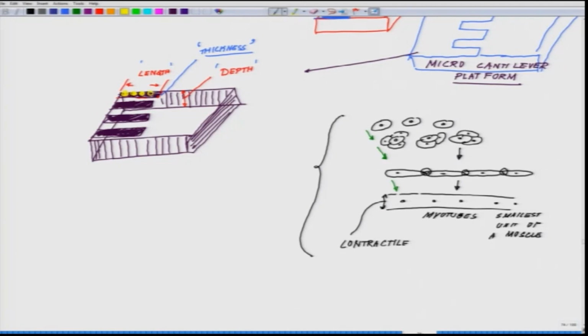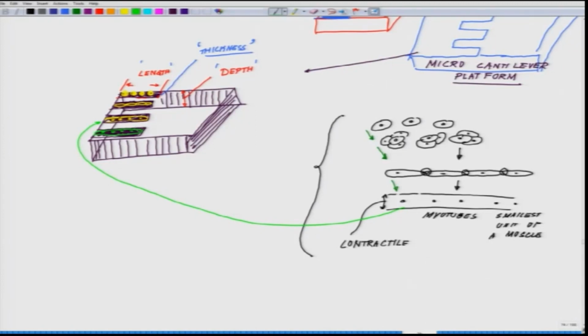The yellow shows the cells, and these cells eventually will divide and be like this, and eventually they will form myotubes. Or another example here, you have the myotubes getting formed.